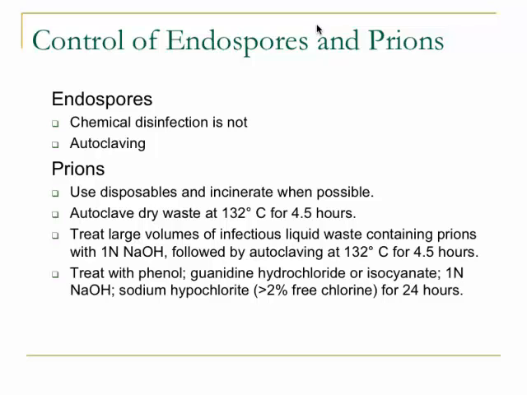So a standard run for autoclaving is 121 degrees for about 20 minutes. I think it's 15 psi of pressure for about 20 minutes. But as you can see here, a 4.5 hour run is a very, very long run for the typical autoclave.